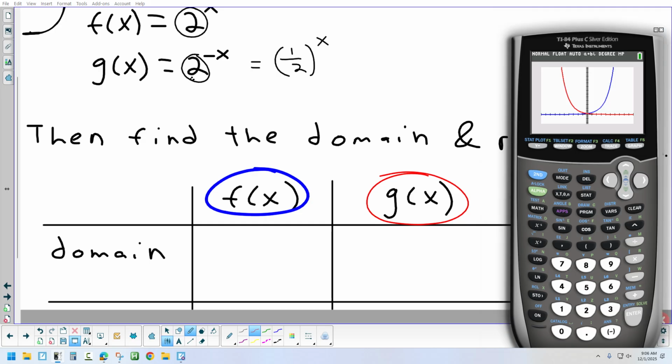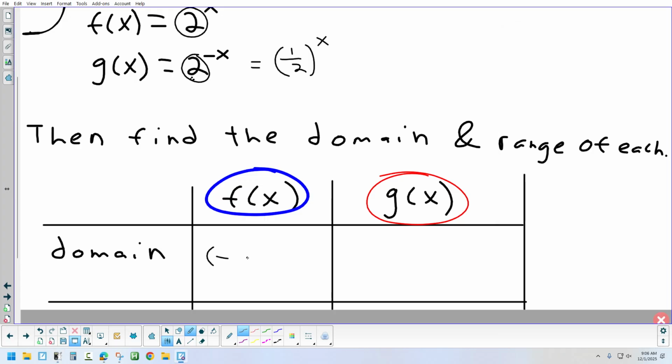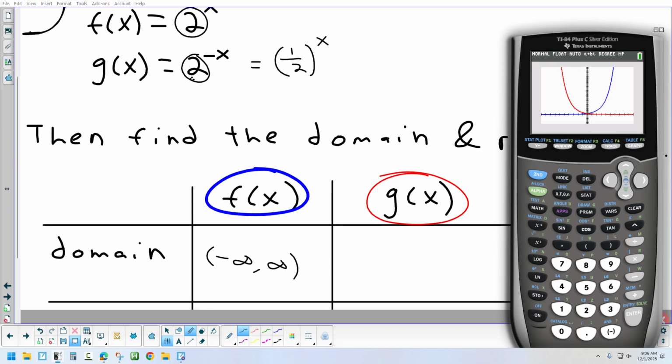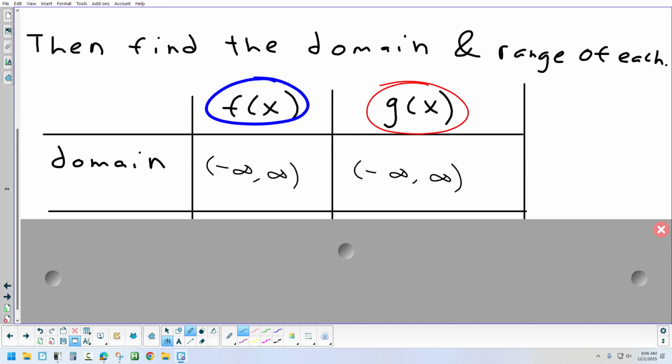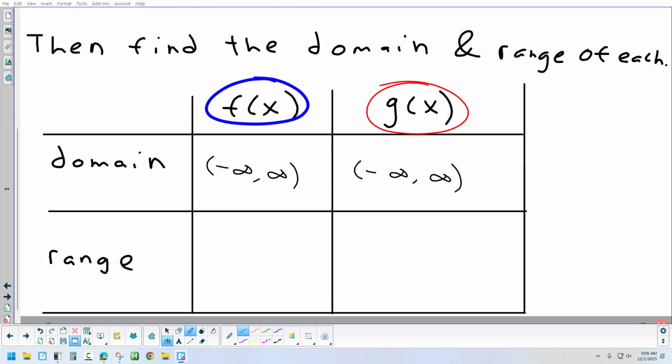Negative infinity, positive infinity. Yeah, I told you that can never change. That never changes for any exponential function. How about the domain for the red one? Same thing, because it's a mirror image of it. Negative infinity to infinity.